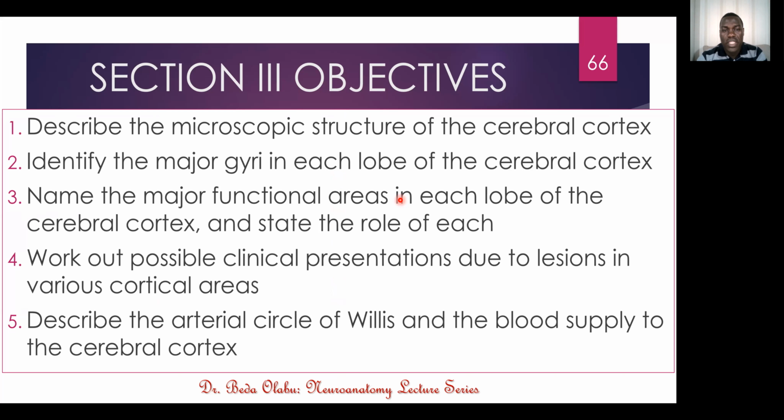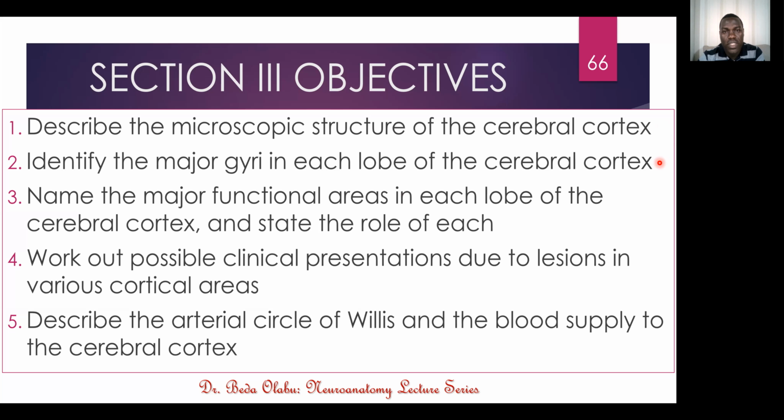So in this lecture on the cerebral cortex, what do we want to know? The first objective we've already clarified: to talk about the microscopic structure of the cerebral cortex. The second objective is to identify the major gyri in each of the lobes of the cerebral cortex.